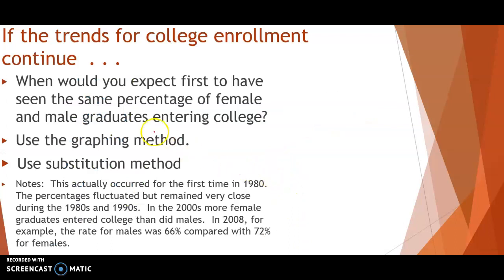So using the graphing method, we found this ordered pair: 18.71 and 53.4%. So we have to think back to what our data was, and this first number was the years, specifically years since 1960.